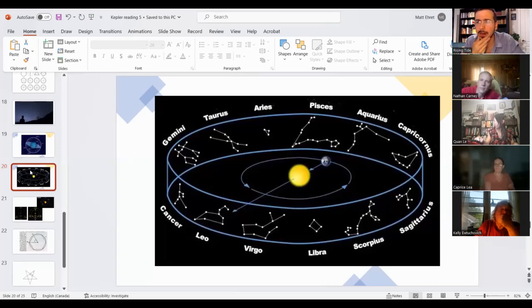And soon people realized, oh, other planets do that too. There are other wanderers: Mars and Venus, Jupiter and Saturn and Mercury. Mercury was harder to see because you could only see it at the horizon in the early morning and early night at times.